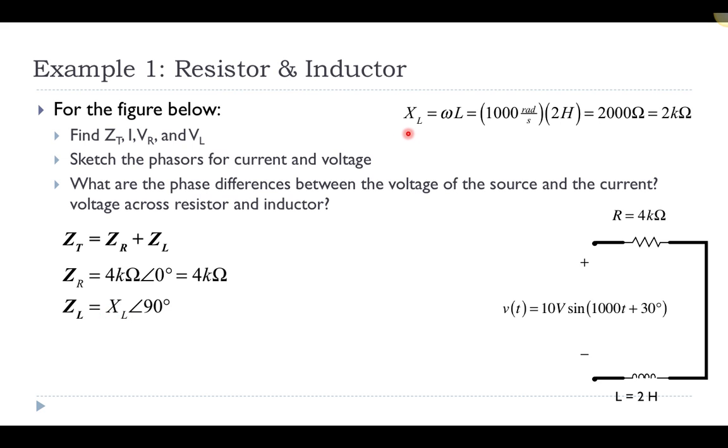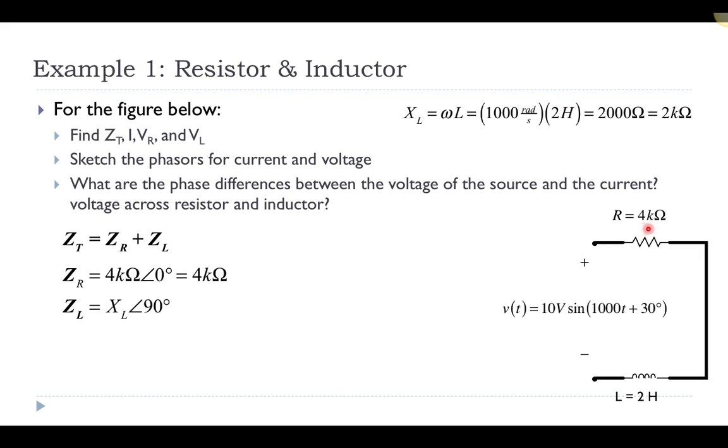The inductive reactance is the angular frequency times the inductance. The AC source has an angular frequency of 1000, and the inductance is 2 Henry. So if I take 2 and multiply by 1000, I get 2000. Using radians and Henry, I get ohms. 2000 ohms is equivalent to 2 kilo ohms.